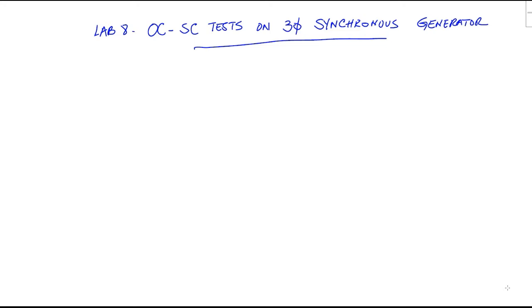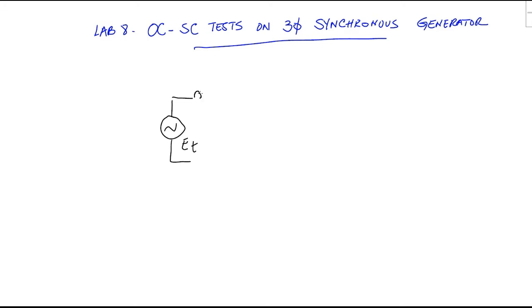In this video, I'm going to show you how you can determine the equation of the induced voltage in a synchronous generator for unity power factor, leading and lagging power factor. To start, let's draw the equivalent circuit of the alternator. Let's represent the induced voltage by ET here.